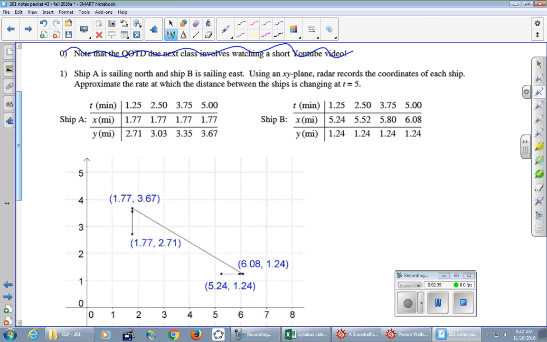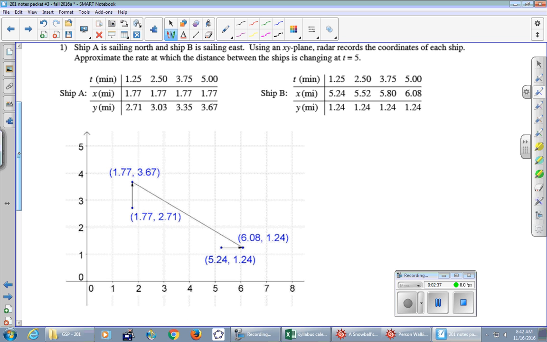The first point that's plotted is X is 1.77 and Y is 2.71, and we can find that right here. I didn't plot the next point, but the fact that X is still 1.77 means the ship is going up, so we're headed north. I did plot the last point, 1.77 and 3.67, that's here.